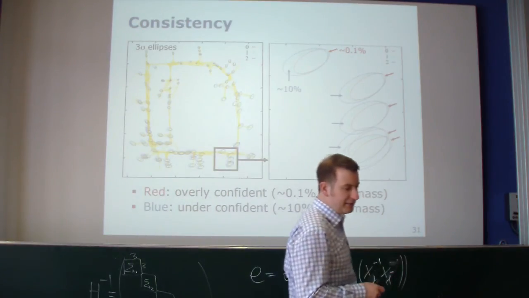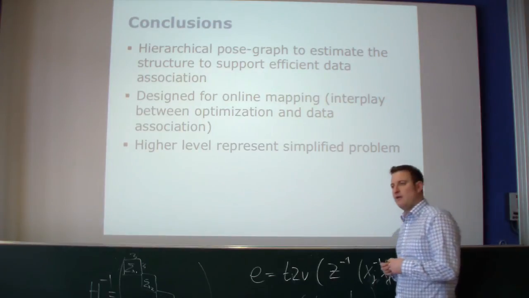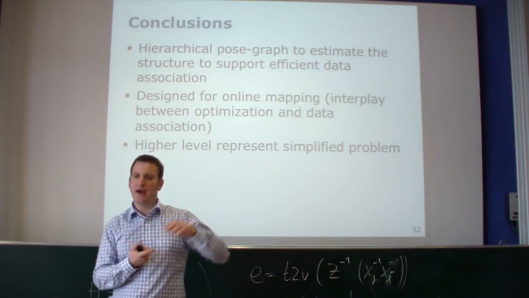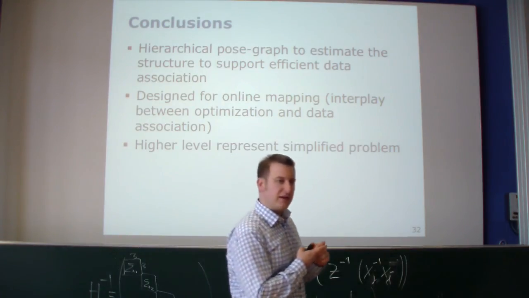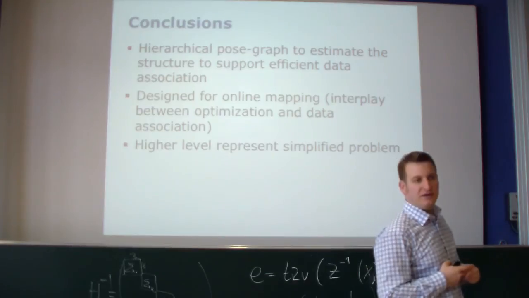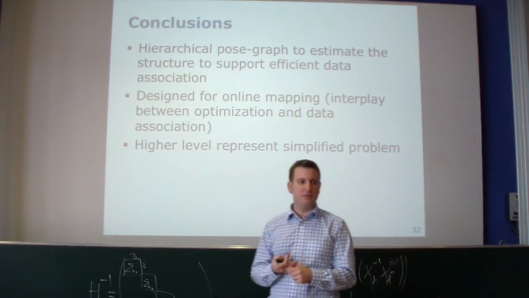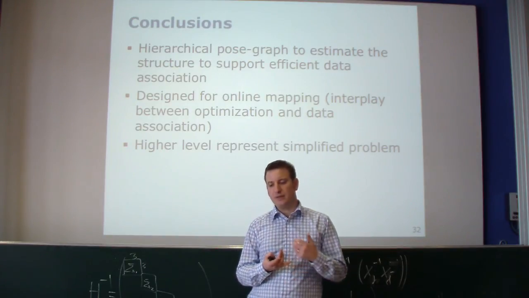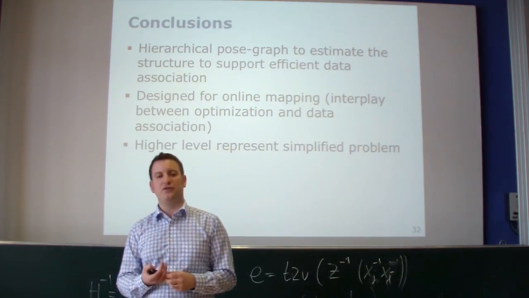So to sum that up, this hierarchical pose graph is one way of creating an approximation of your problem, if you only work on the higher levels, which correspond to the core structure of the environment. So you get the topology out, if you want to see it that way. And the big advantage here is that this is very fast to compute, and you can use this to dramatically speed up your search for data associations.